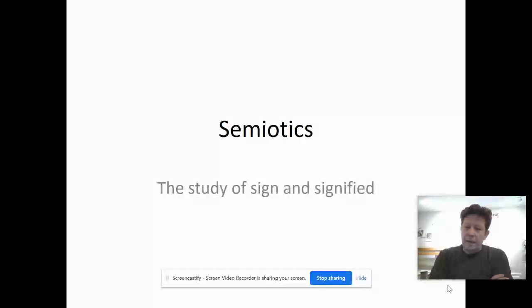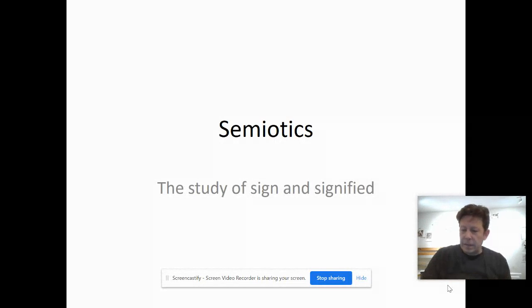So, semiotics is a long traditional index, although I maybe shouldn't use that word. You'll see why later. Of how meaning has been communicated over the years.